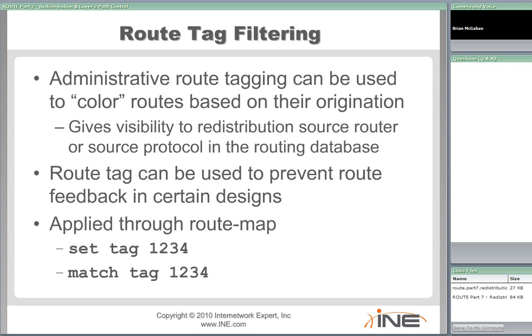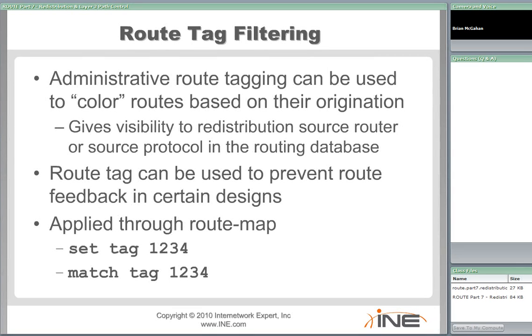For example, in RIP version 2, if I redistribute OSPF into RIP, other RIP routers in the domain don't know that this was an external route. There's no field in the routing update that says this is internal versus external. But if I set a manual route tag, going from OSPF into RIP, set the tag to be 1, I then know in the RIP database that anything tagged with 1 came from OSPF.